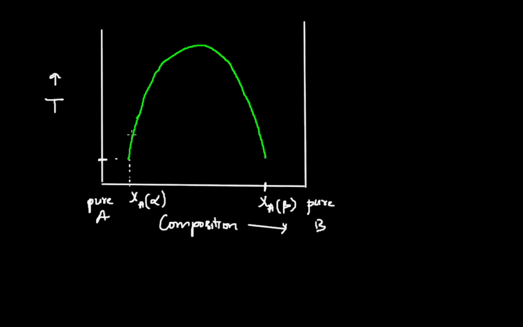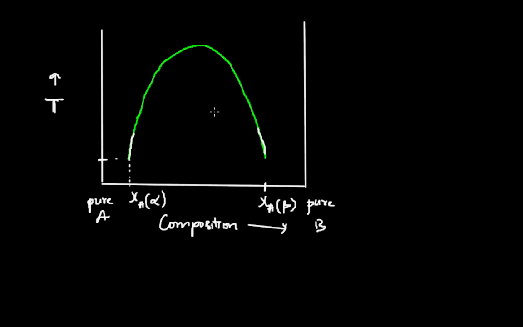Now, the composition of the two solutions, okay, now along this curve, when the temperature is raised, you see what happens is the composition of the two solutions become closer to each other.